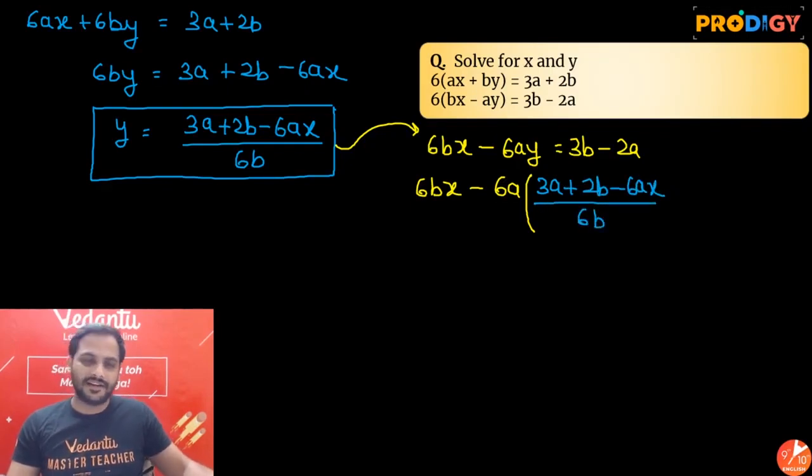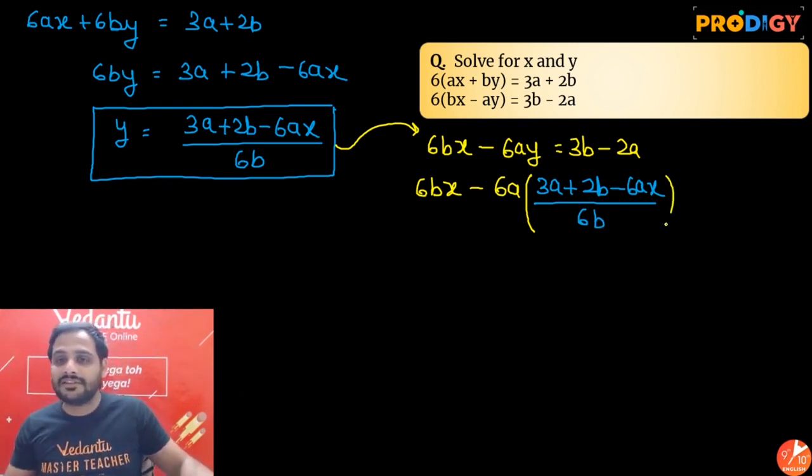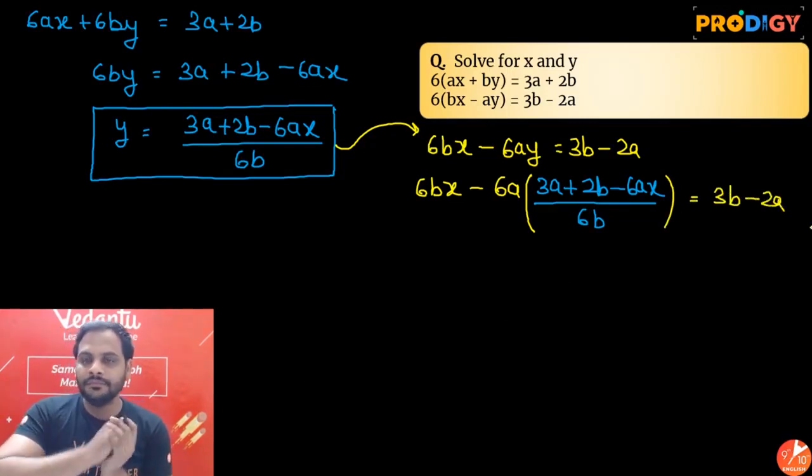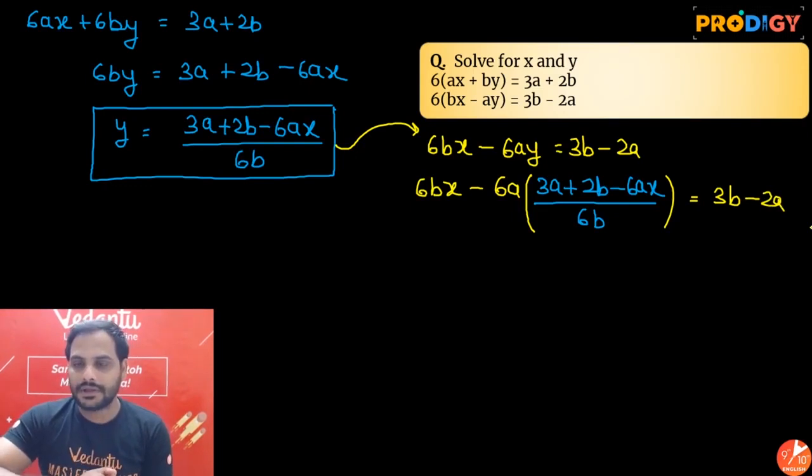Don't be scared. How will we solve this? Wherever there is multiplication we will multiply, wherever division we will divide. If I can see a shortcut, I would like to go for that.